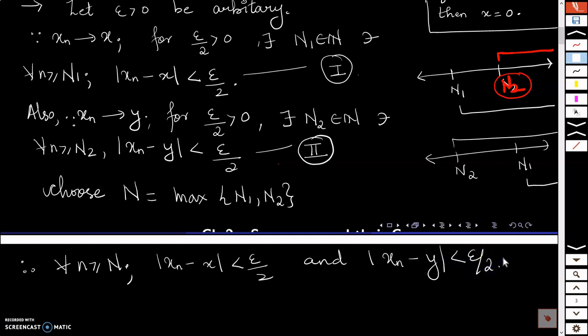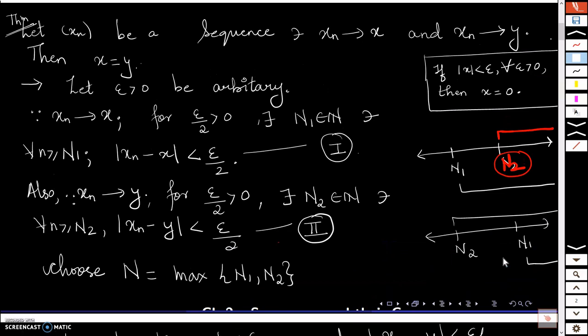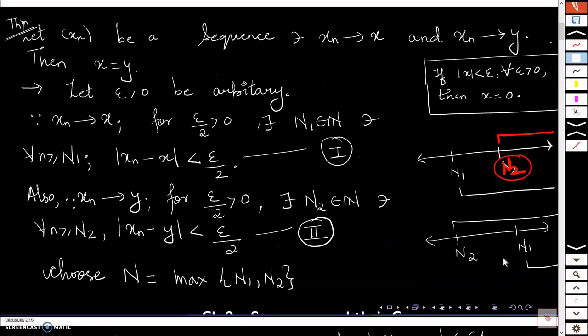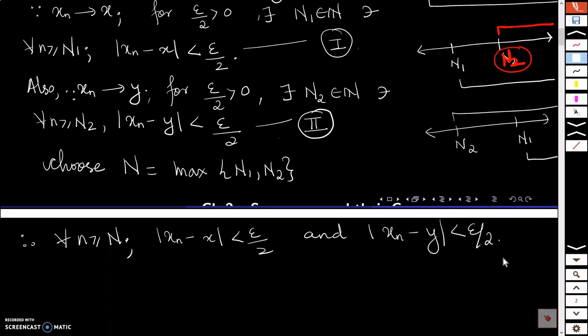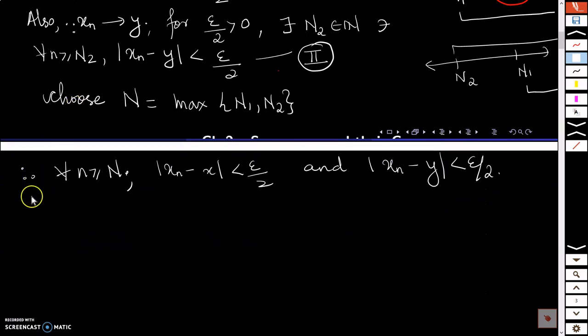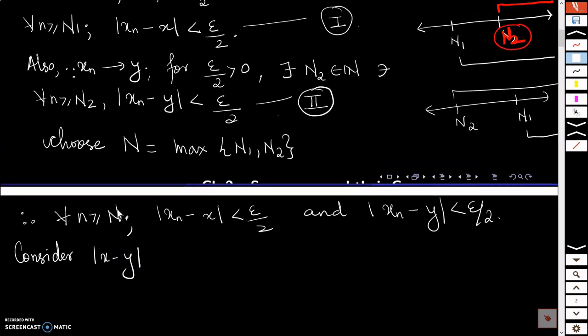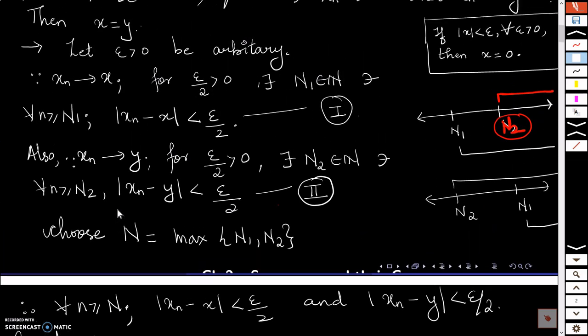Is it clear? Now what we wanted to show is that x is equal to y, right? So I will start with modulus of x minus y. See, I'm using that property here. That is my final aim, the one right on top which I put in a box.